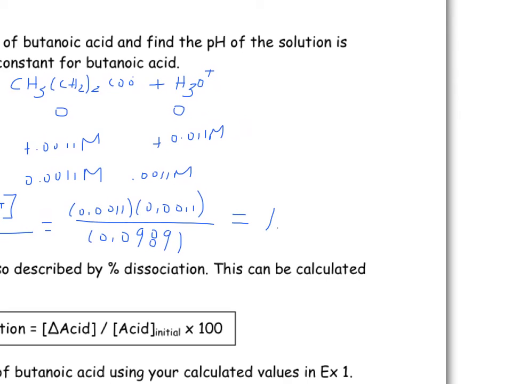This equals 1.2 times 10 to the minus 5. With an equilibrium constant this small, it's clear that butanoic acid is a weak acid. This equilibrium constant means that the reverse reaction is favored, and that there are more reactants in the system than there are products.